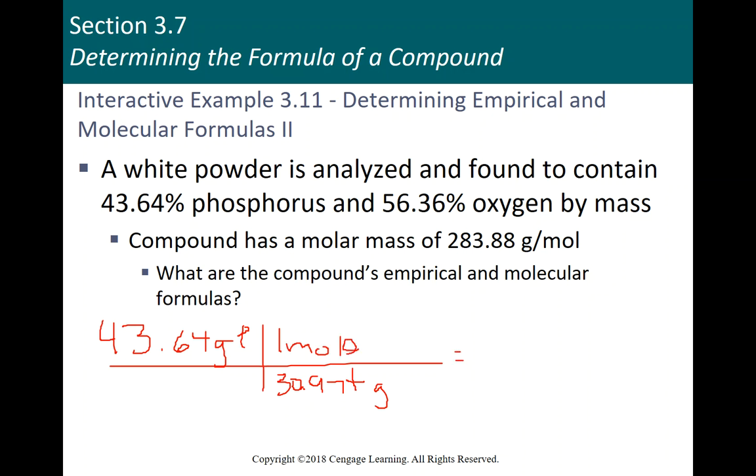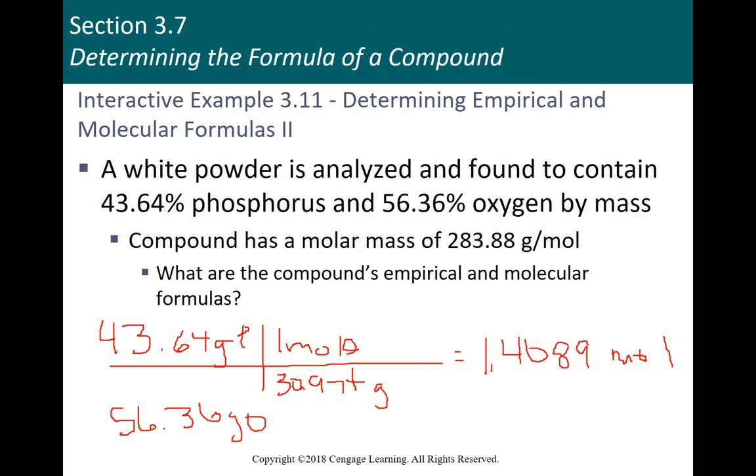Okay, I'm going to put that into my calculator, and I find that 43.64 grams of phosphorus is equivalent to 1.4089 moles. I'm going to keep several numbers here after the decimal.